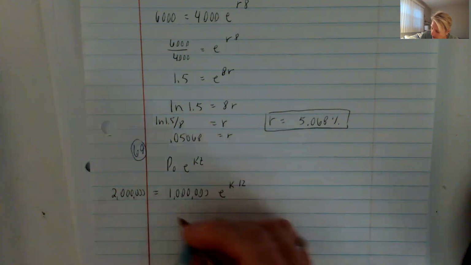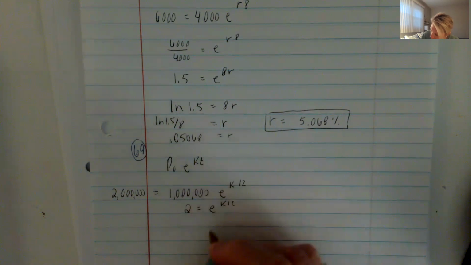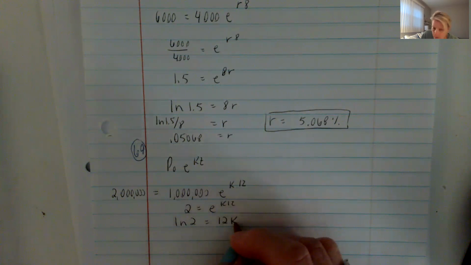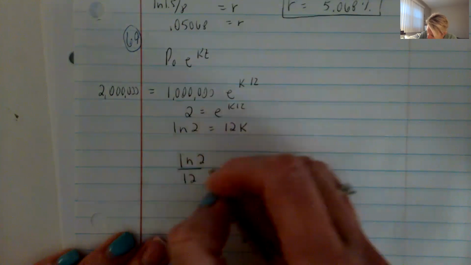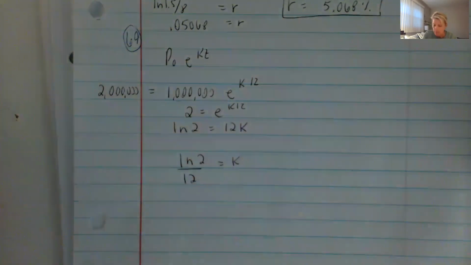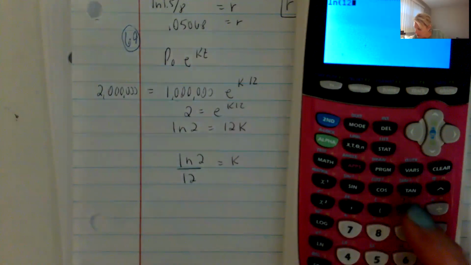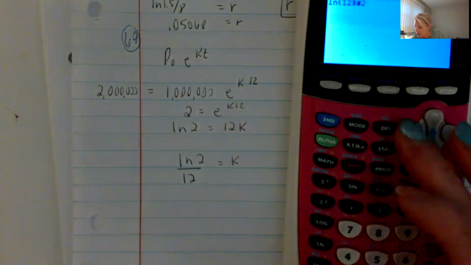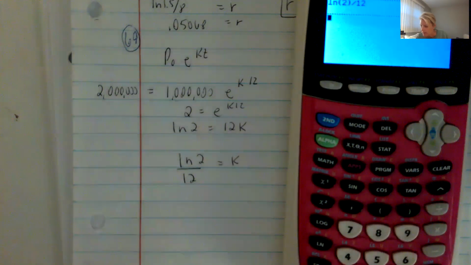So again, this doubling thing, because when we divide by 1 million, we get 2 equals e to the 12k. And if we take the natural log of both sides, we get 12 times k. I have to put my coefficient out in the front. So the natural log of 2 divided by 12 equals k, which is about 0.0577.